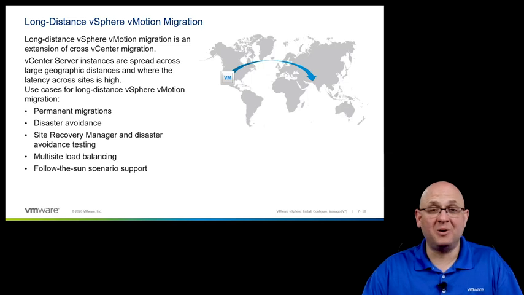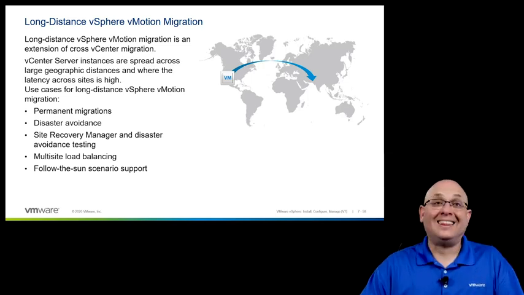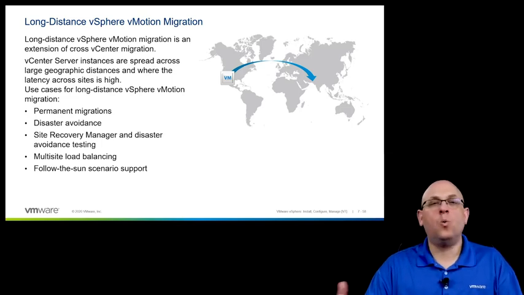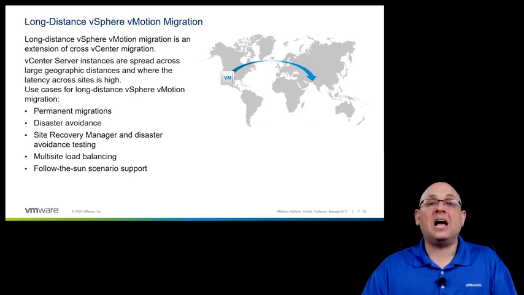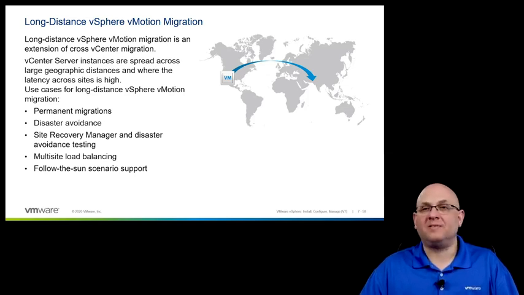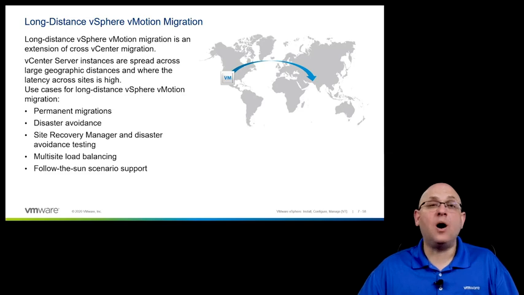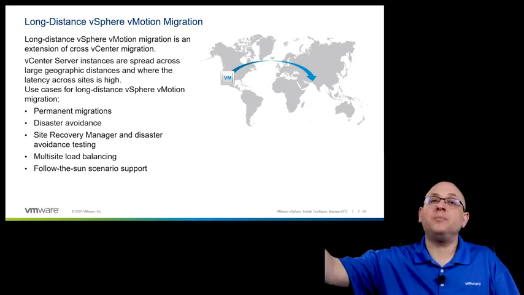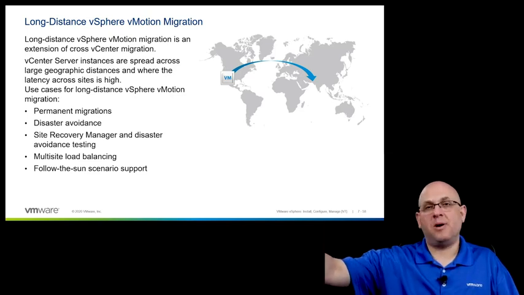Speaking of long-distance vMotion, yes, not only is cross vCenter LAN-based migrations enabled, but also WAN-based migrations are available for us. Lots of different use cases for long-distance vMotion, including your hybrid data centers, which will allow us to migrate from our private data center into the public cloud, where they're using ESXi hosts in the public cloud.